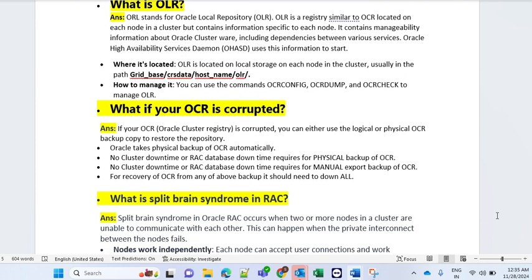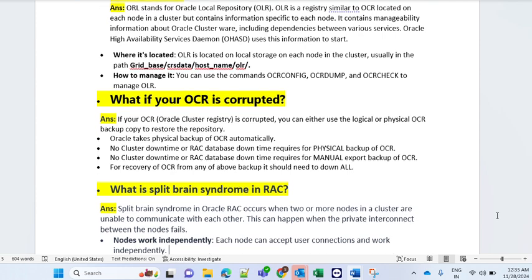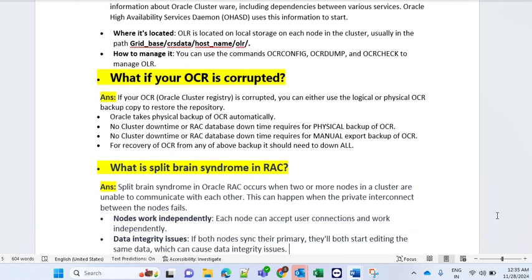What is split brain syndrome in RAC? Split brain syndrome in Oracle RAC occurs when two or more nodes in a cluster are unable to communicate with each other. This can happen when the private interconnect between the nodes fails. So each node works independently and can accept user connections.